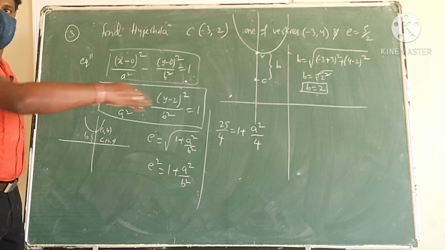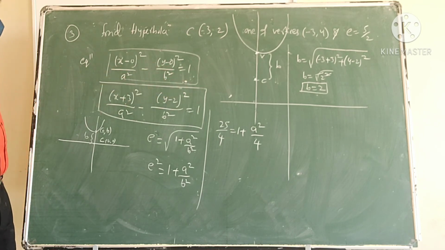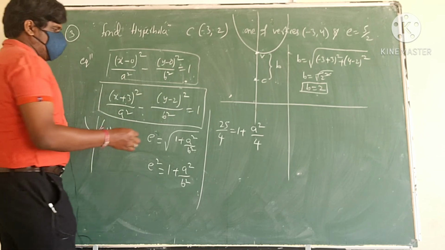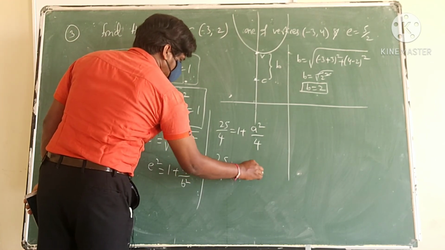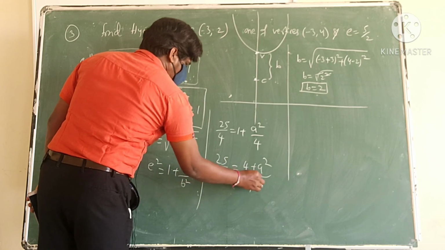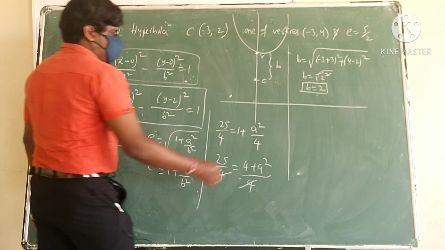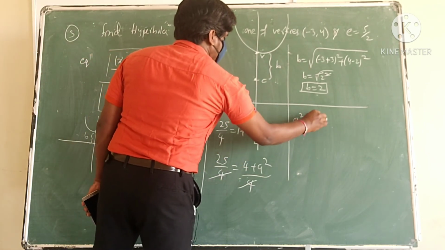If it is this one, a. So from the a value and b value you got, substitute the given eccentricity here. So I am going to get 25 by 4 is equal to 4 plus a square by 4. 4 cancels. A square is equal to 21.